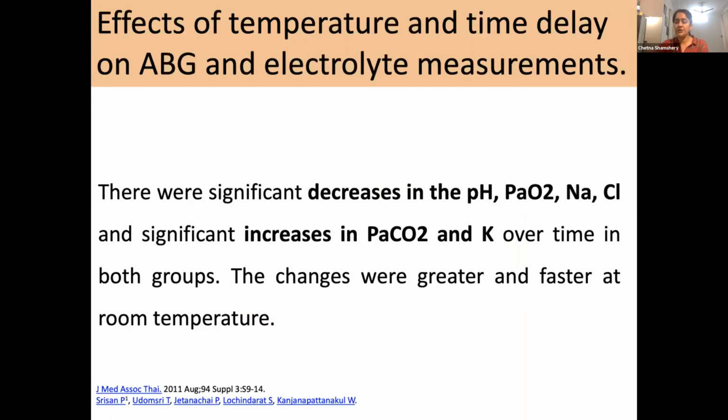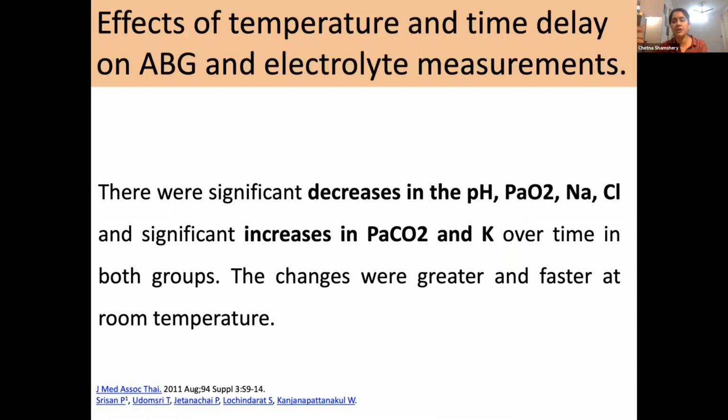Also, temperature and time delay matter. Suppose we take out the sample and keep it bedside, and don't send it for 15, 20, 30 minutes, or 1 hour. There are active cells inside that blood, continuously metabolizing.